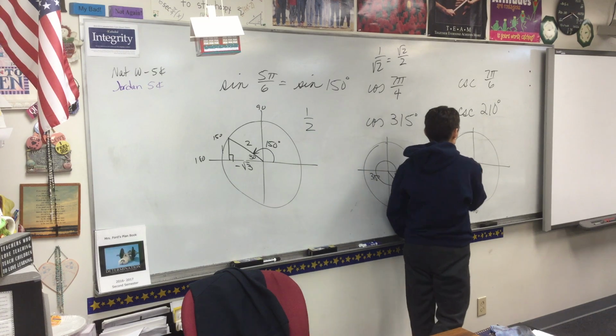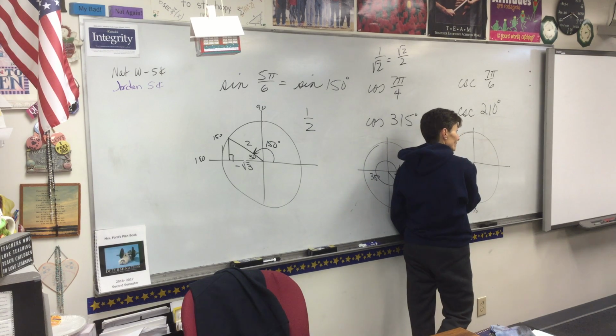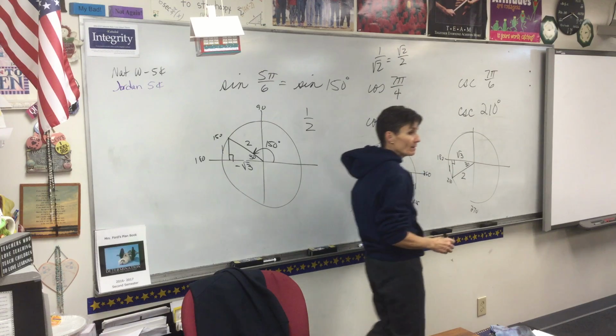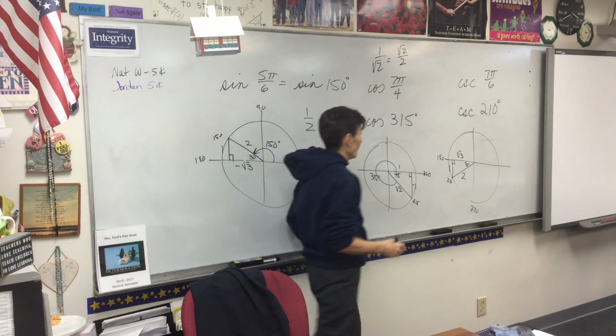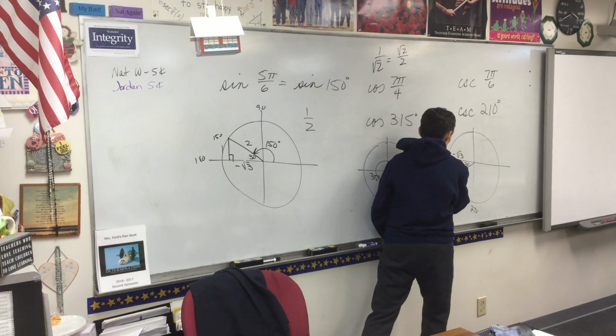Audie, what's across from the 30 here? What side? Hold on. 1. 2 goes here and the root 3 goes here. We gotta know that, right? We gotta get those numbers in the right spot. Before I go any farther though, I better pay attention to something.